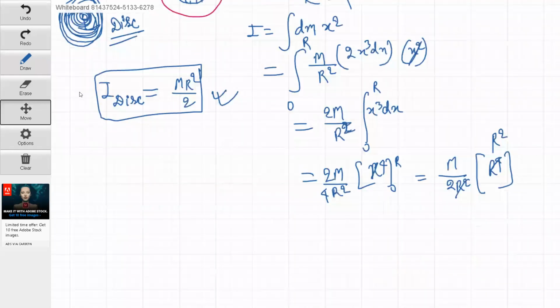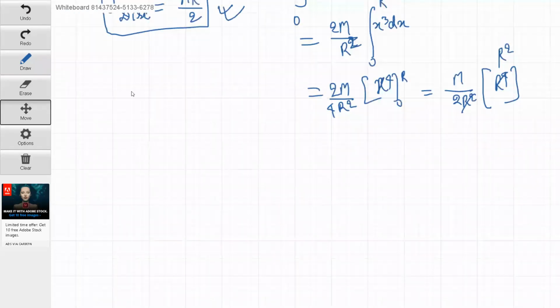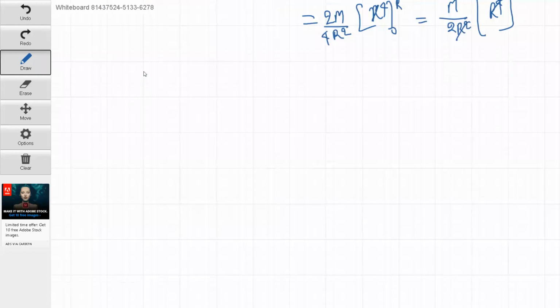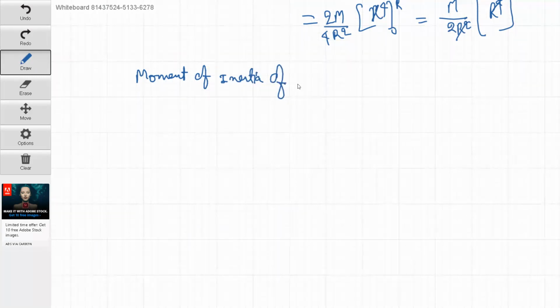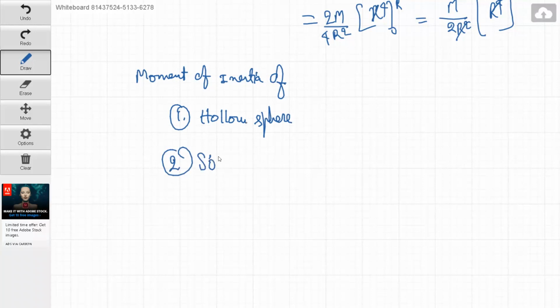Is this all right? Now the moment of inertia of, first one, hollow sphere, and second one, that is solid sphere.